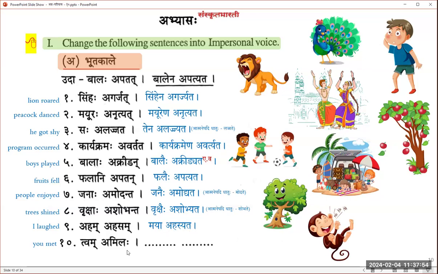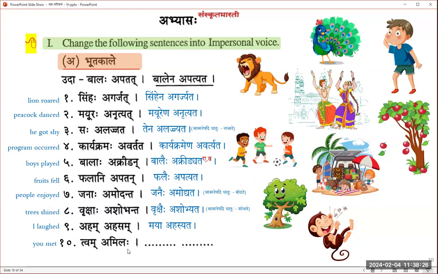Okay. Tvam amilaha. Amilyata. What is the switch they did on us? So far everything, apatat, agarjat, nrityat, alajjat, all of this were lang forms.